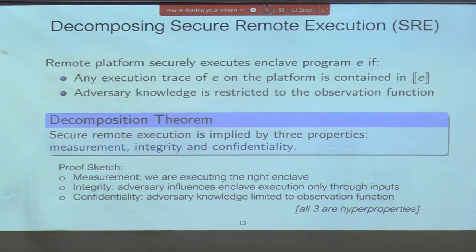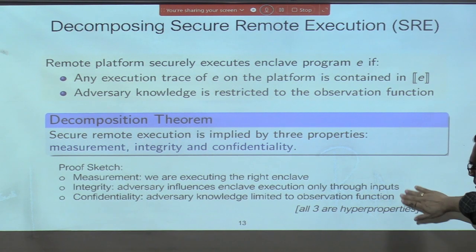So again, going to Supratik's question, you can take your state and divide it up into state that is observable by the adversary and state that is not observable to the adversary. And what this property is basically saying is the standard thing in non-interference style, which is that if I look at two traces where the secret state can be different, but the public state that the adversary can observe is the same, then the adversary's observation remains limited to the public state throughout the trace.